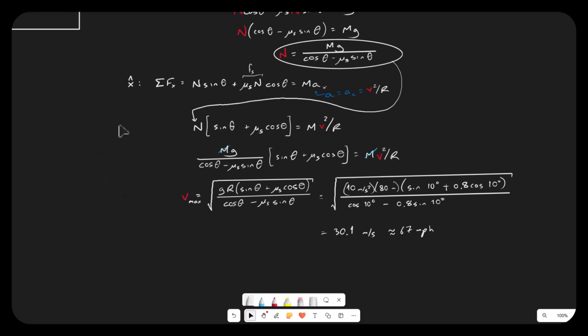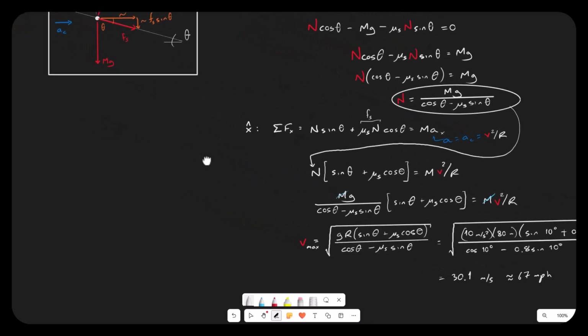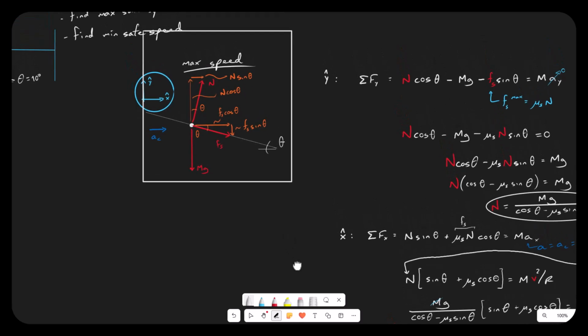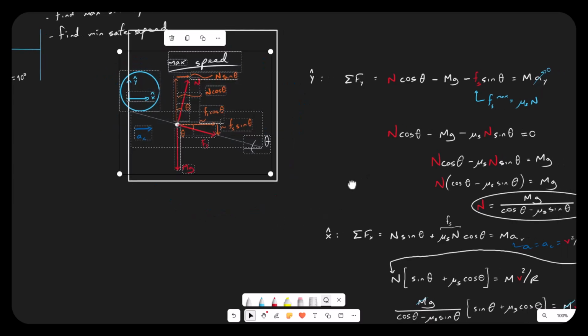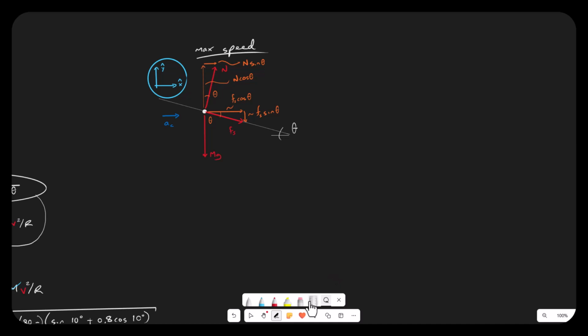But we need to look at the minimum safe speed also. For the minimum safe speed, we're going to have a little bit different of a situation. We're going to have a free body diagram that has some similarities, but a big key difference. So we are going to look at a minimum speed now. Why is there a minimum speed?